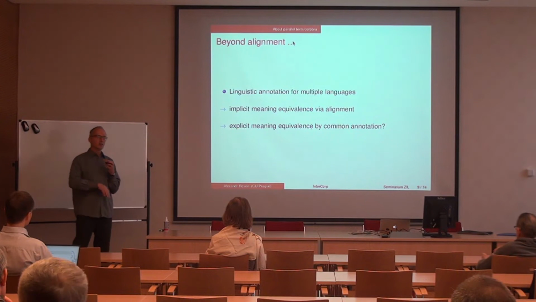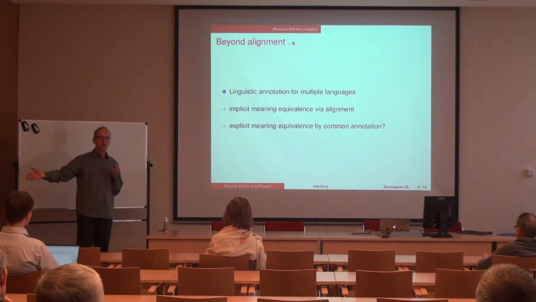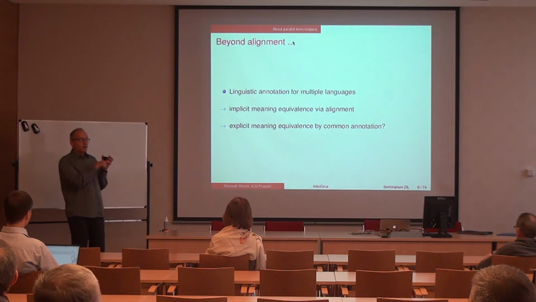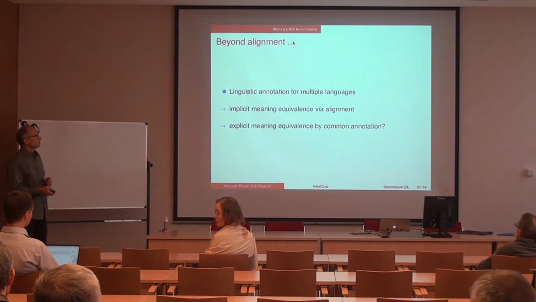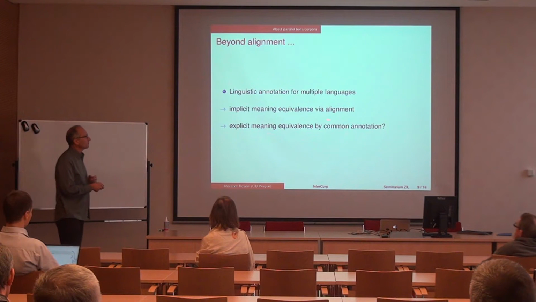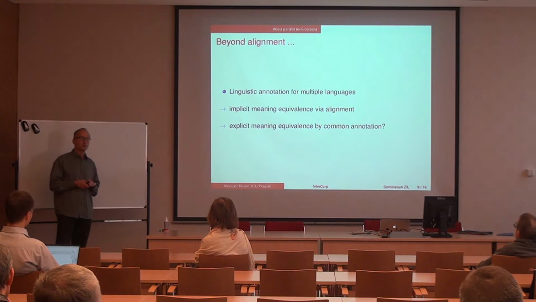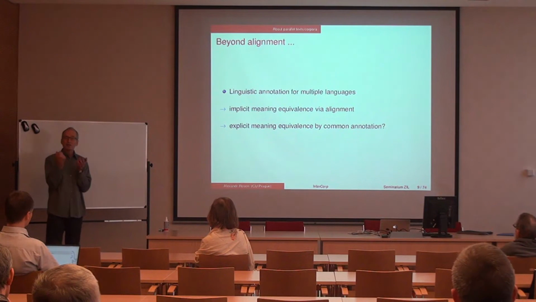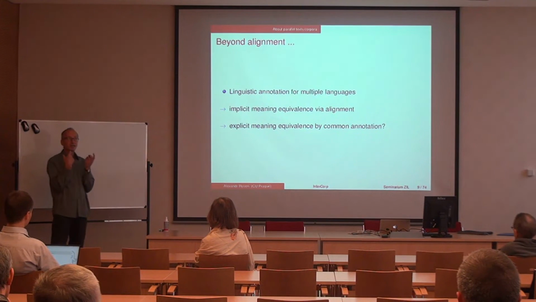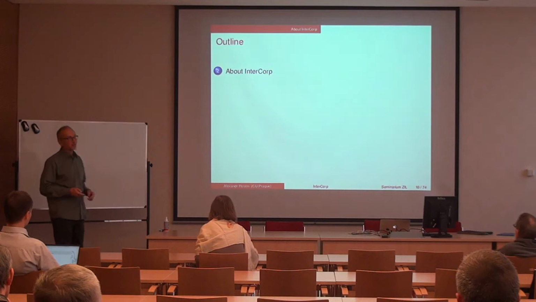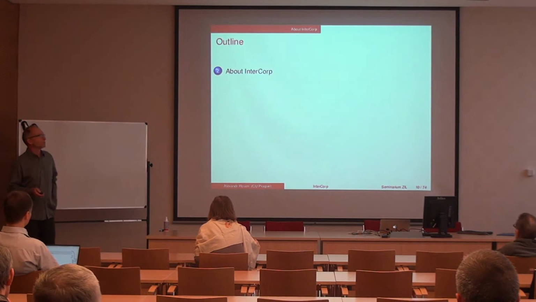If you have a tagger for one language and you don't have that for another language, you can use that alignment and project the annotation from language 1 to language 2. And if you have something like a common standard for all languages in your corpus, you can have that meaning equivalence explicit even in the annotation. And that's something I'm going to talk about later.